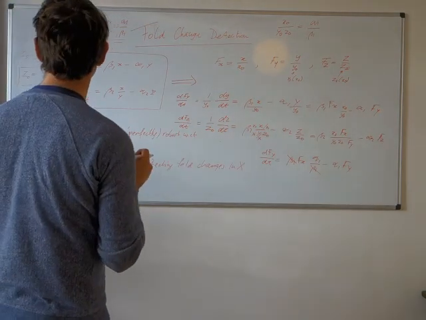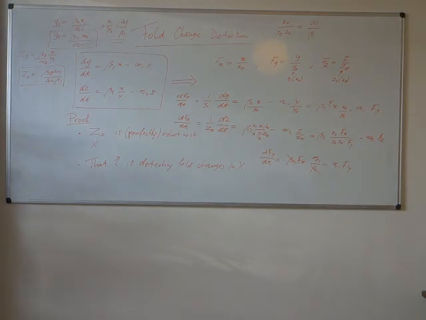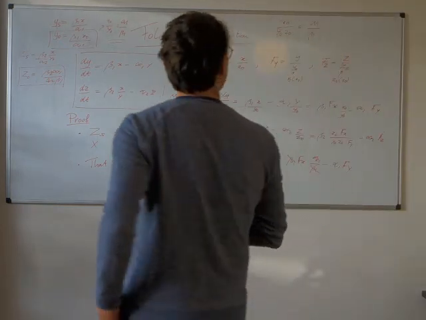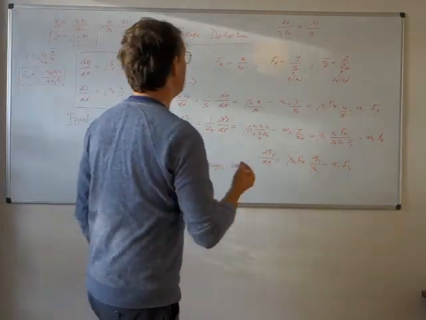Good, that's better. Let me check if it still is. Yeah, that's correct. Then we need to have 1 over z0, which is basically the inverse of that.